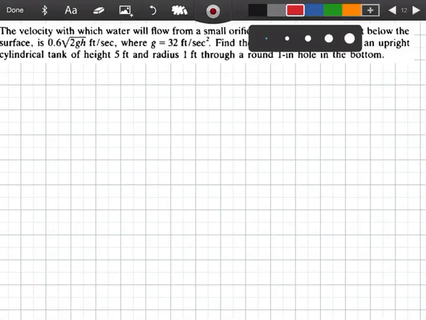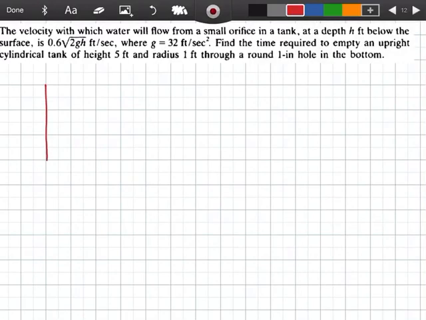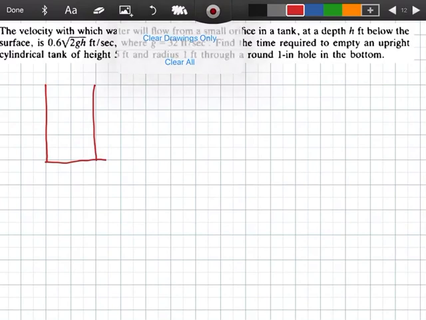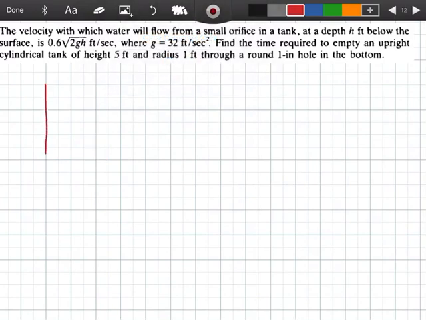So, for us to understand, we're going to draw the tank. So, meron tayong tank that is 5 feet in height, and then 1 feet in diameter.